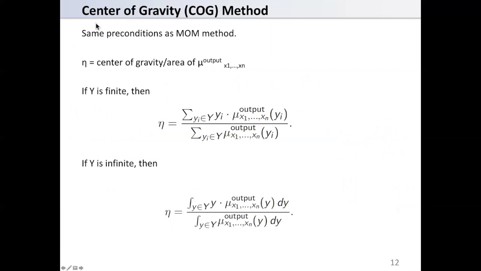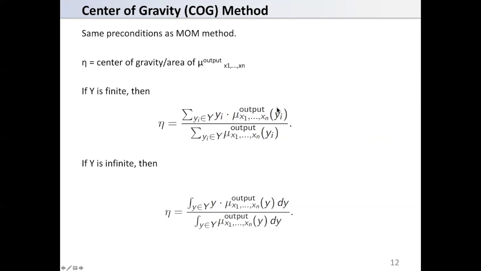Another approach is center of gravity, shortly COG. The same preconditions as the mean of maximum method are used. Here, as the crisp value, we are trying to find the center of gravity of the area of the membership output. If y is finite, again, each y value is multiplied by the membership output for that y value.